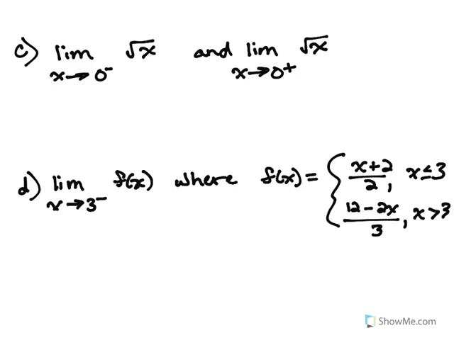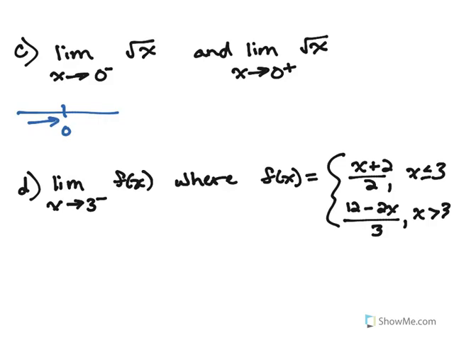Okay, so if we look at the square root function, we kind of talked about this just a second ago. If I'm coming from the left of 0, those are negative numbers, right?